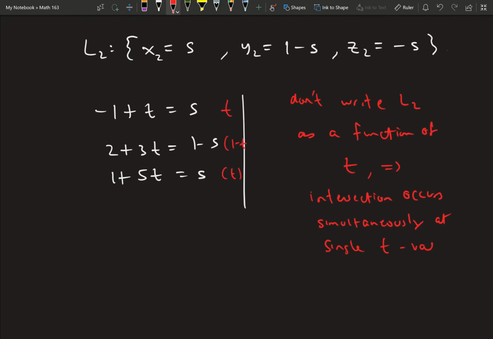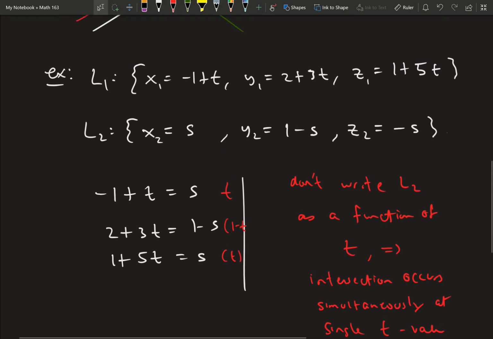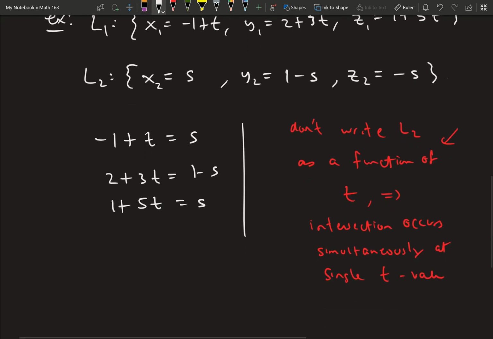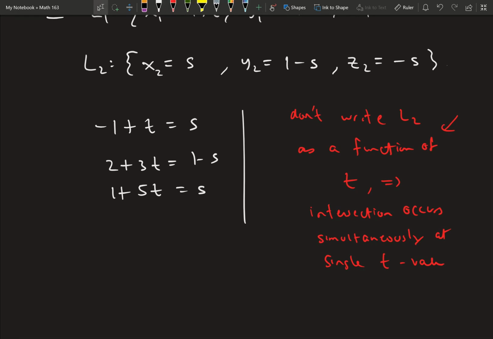Think of these as particles floating across space, and if the particles had actually hit each other, then you would plug in t. But we're just thinking of intersection of lines overall, not in terms of what time it occurred. So we have to put a different variable, and we choose s. Okay, so that's an important little side fact here.